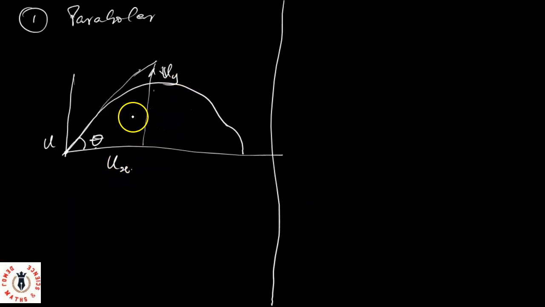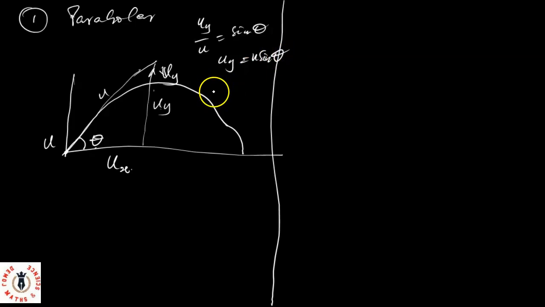From our Pythagoras theorem, uy over u is equal to sine theta, so that uy is equal to u sine theta. And ux over u also is equal to cos theta, so that ux will be equal to u cos theta.